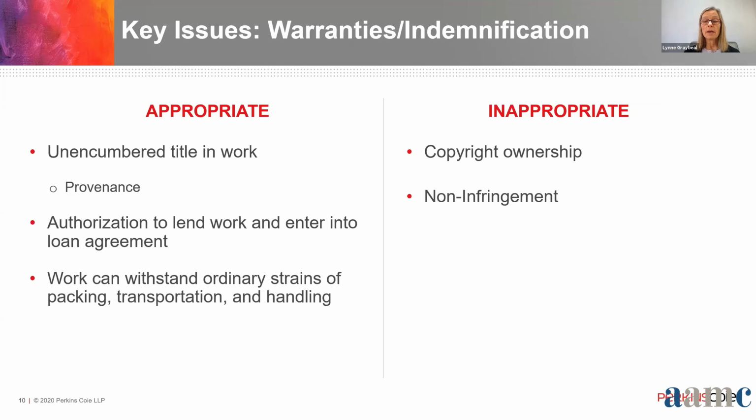And often this is an area of both negotiation and misunderstanding. The museum form agreement frequently asks the lender to take on risks that it can't manage against. And again, if you think about risk, it's really a balancing of who should be responsible for what type of risk. And typically it is the party who is in the best position to either prevent the loss from happening in the first place or insure against that.